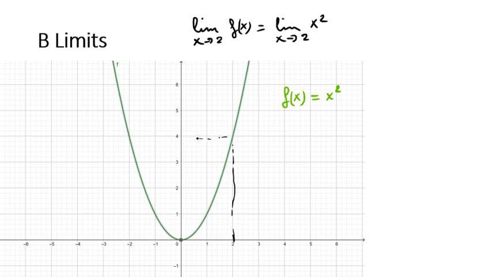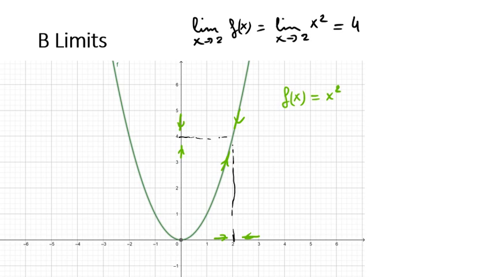We see that when x approaches 2, so on the graph we go closer and closer to 2, then f of x approaches 4. You can see that here. So 4 is the limit as x approaches 2 of f of x. So the answer here is 4.